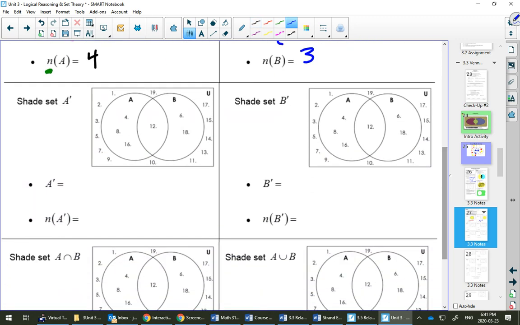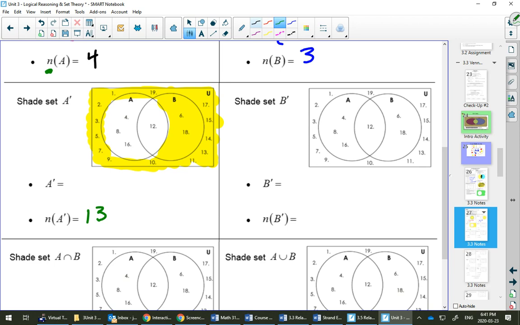If I was shading the set of elements that are the complement of A, that would be anything outside of A. So I won't list all those elements down, but it would be 1, 2, 3, and so on. Anything that's outside that's been shaded. If I wanted to count up my elements, there'd be 13 elements that are the complement of A.